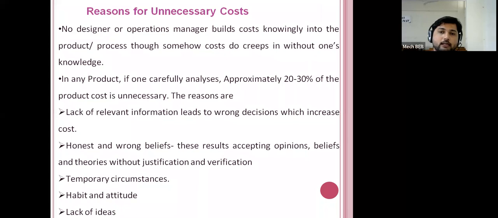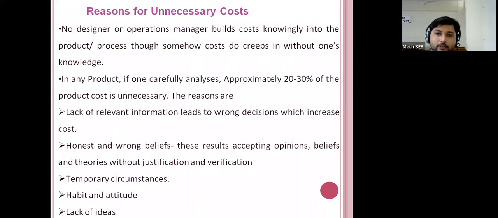Okay, so there is some unnecessary cost that is inculcated during each stage of a product. There are a number of reasons for this unnecessary cost inculcation. No one wants to introduce unnecessary cost or extra cost in the product.